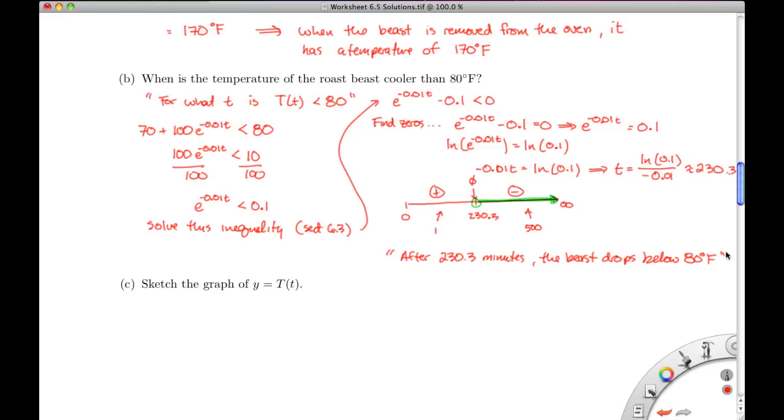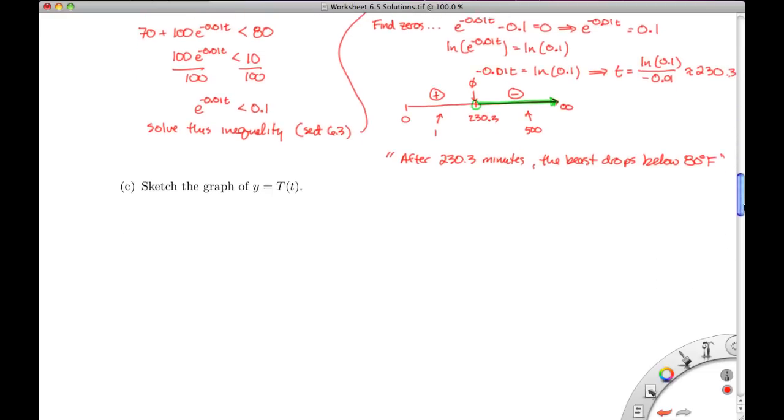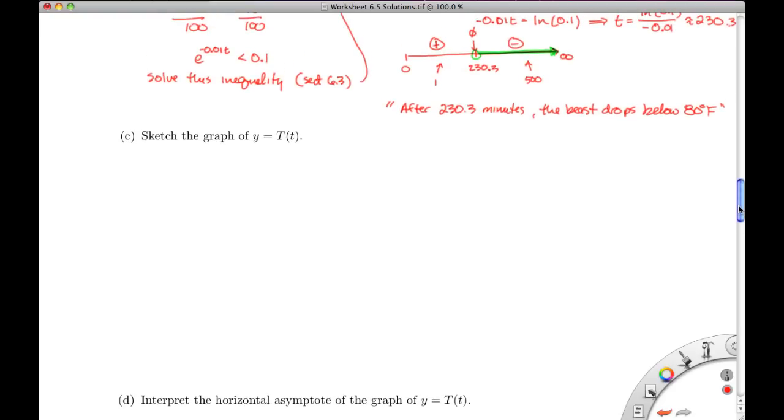Okay, so for part C, we need to sketch our graph here. So let's go ahead and build this. Again, we know that our function T of t is 70 plus 100 e to the negative 0.01t.